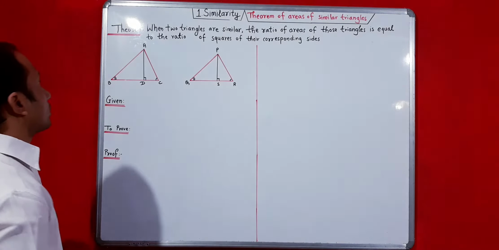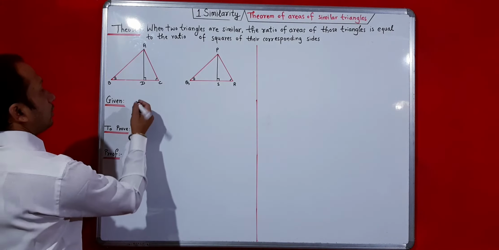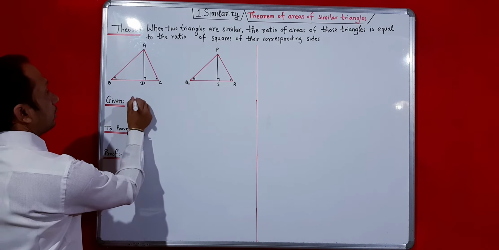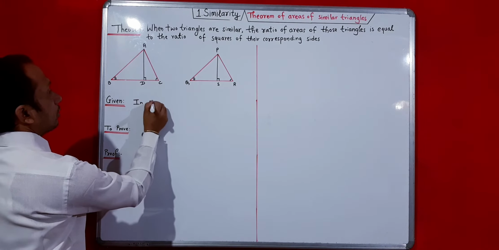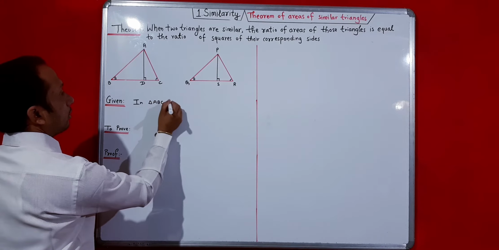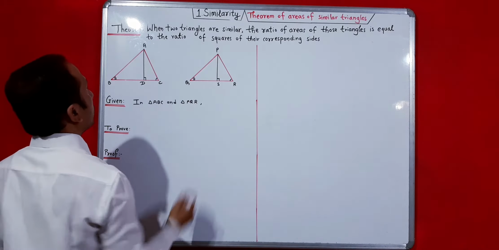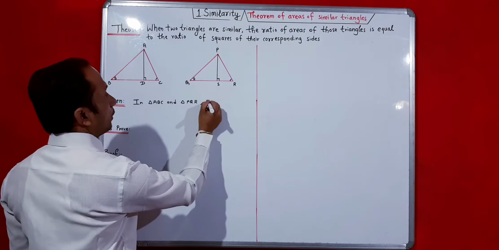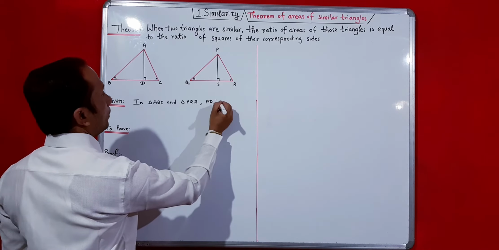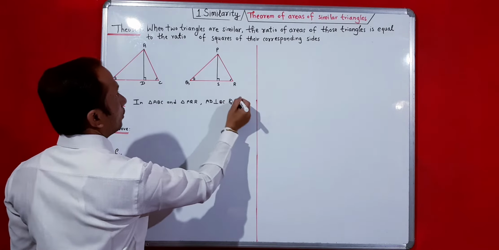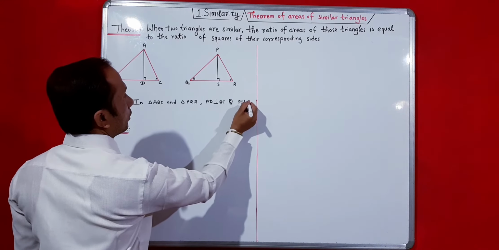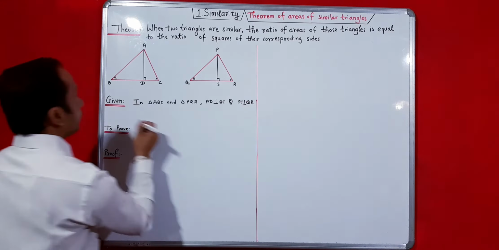So let's start. What is given, we'll write: in triangle ABC and triangle PQR, AD is perpendicular to BC and PS is perpendicular to QR.